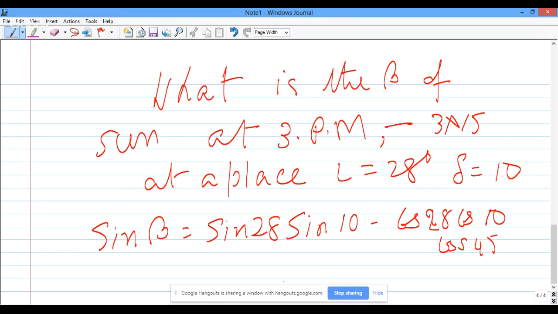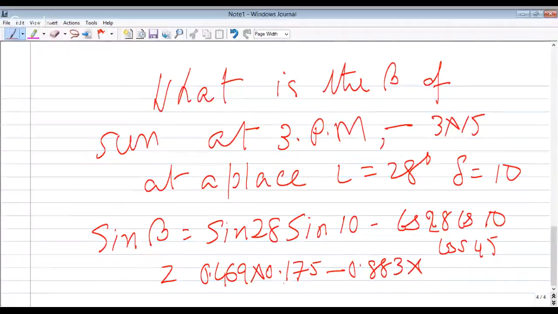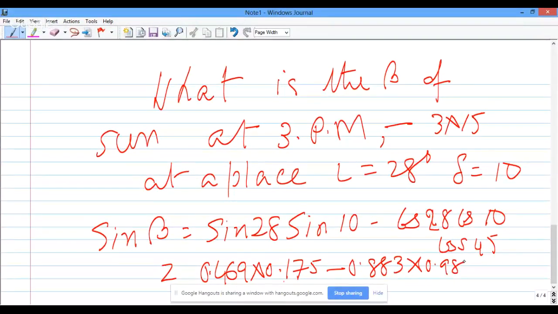Sine 28 is 0.469, multiplied by sine 10, which is 0.1754, minus cos 28, 0.883, multiplied by cos 10, 0.985, multiplied by cos 45, 0.707.